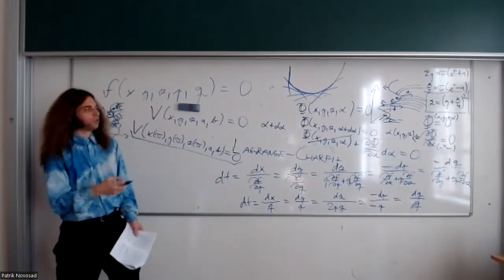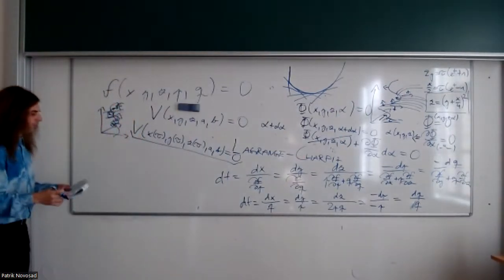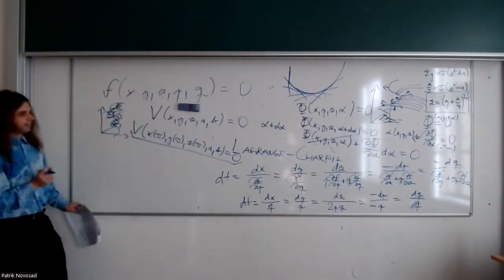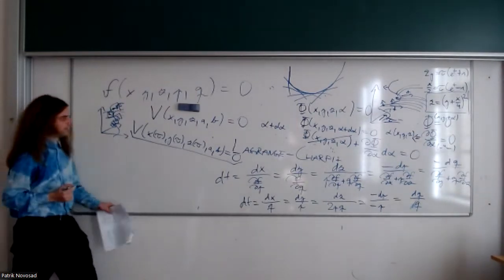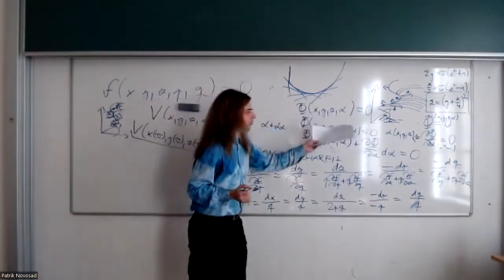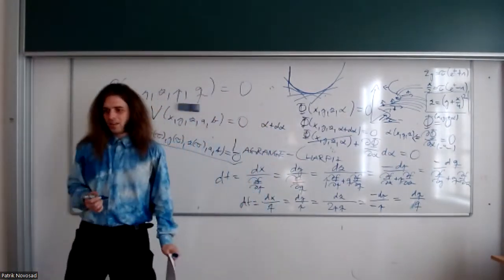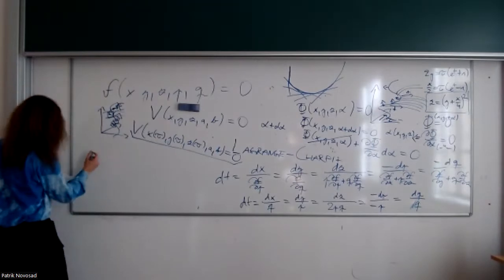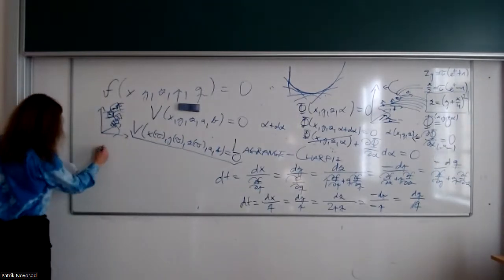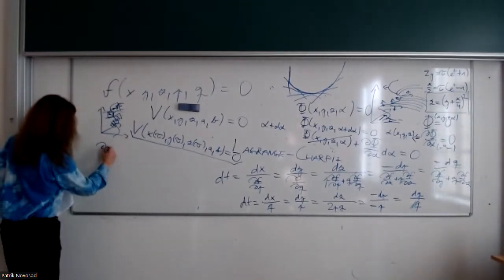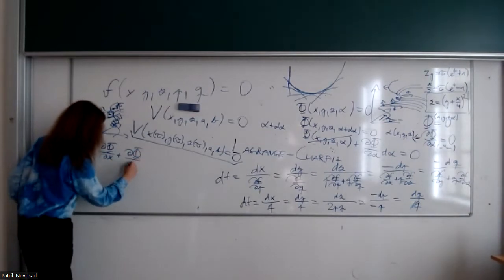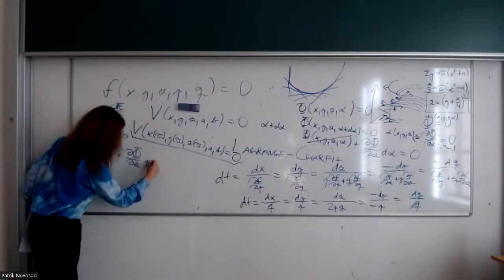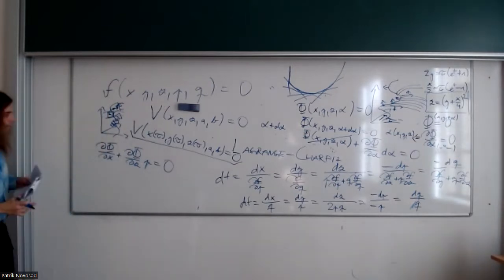I don't care which one, and let's just have a look at its normal. So we will need to compute the derivative of this expression with respect to x and y. So let's do it, for instance, with respect to x. And we get something like this.